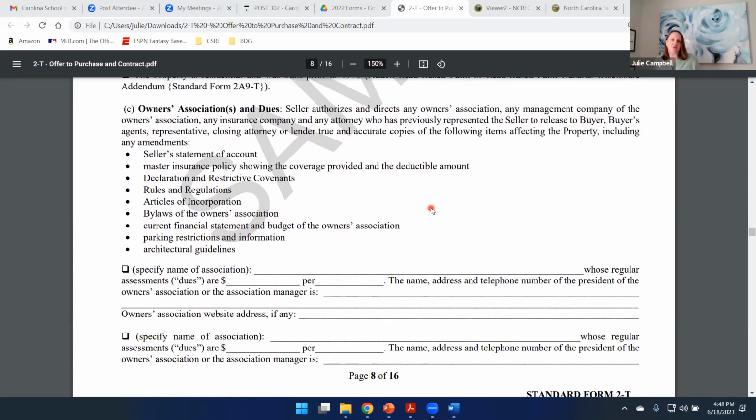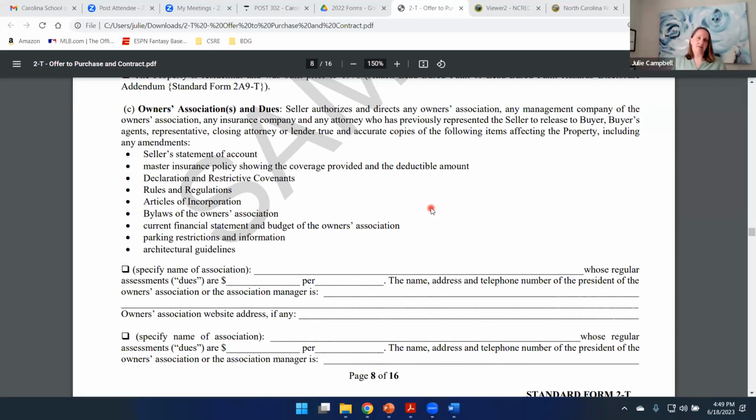Owners Association and dues: seller authorizes and directs any owners association, management company of the owners association, insurance company, and any attorney who has previously represented the seller to release to the buyer, their agent representatives, copies of the following items affecting the property, including any amendments. So here's just a laundry list of documents that may or may not be available from the homeowners association, from the HOA.